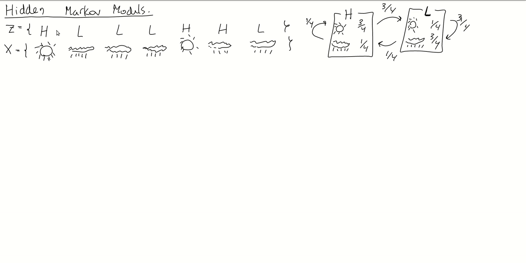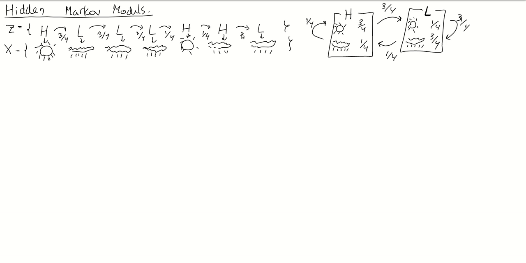So now we could look at the probability of these hidden states for these specific observables given this hidden Markov model. So you could look at the probability from one hidden state to the next. This is 3/4, and this is also 3/4, and then from low pressure to high pressure is a quarter, and from high pressure to high pressure, that's also a quarter.